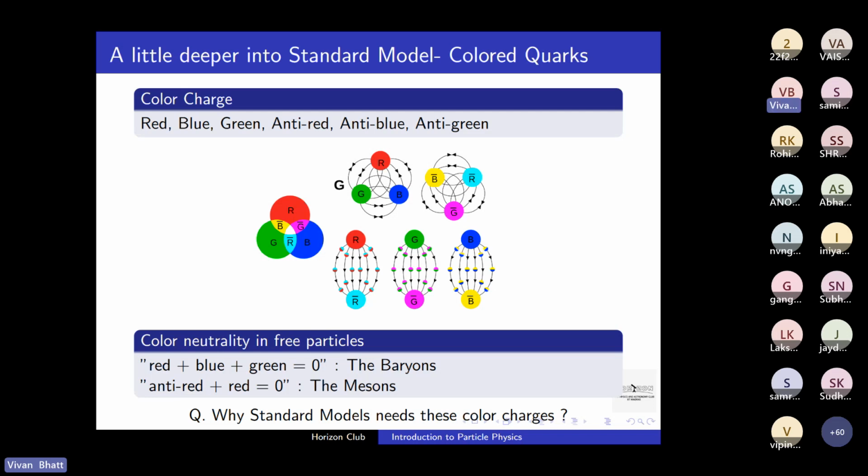Now, baryons obviously are fermions, and mesons are bosons. So even when you were looking at the strong force earlier, mesons are also force carriers because they're bosons, right? So gluons, as you saw, mediate the strong force inside the nucleus, right?